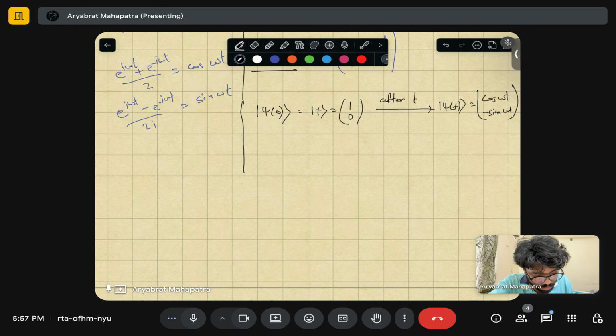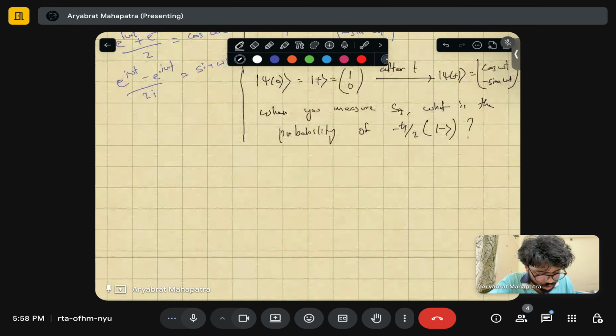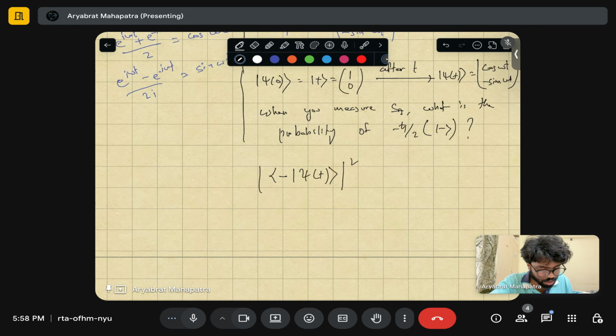Now, when you measure Sz, what is the probability of getting minus h bar by 2? That is this minus state. So to get that, you take the inner product of minus and psi of t, squared.